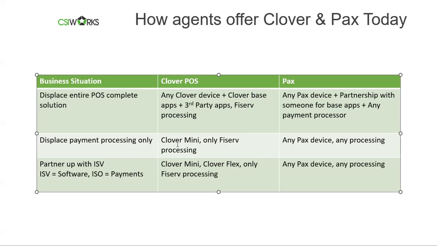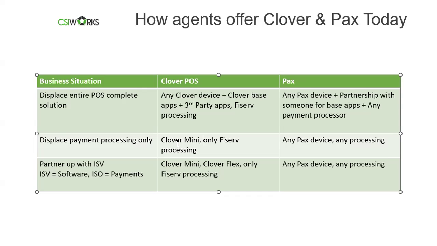And Fiserv is really the only processor that can handle that. Now, if an agent is displacing payment processing only, and Fiserv is not an option, then they can use any PAX device, or they can even use PAX devices with Fiserv. So: any processing with any PAX device, or Clover Mini only on Fiserv.